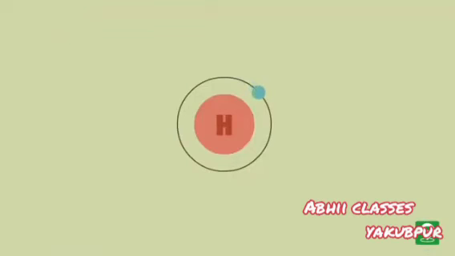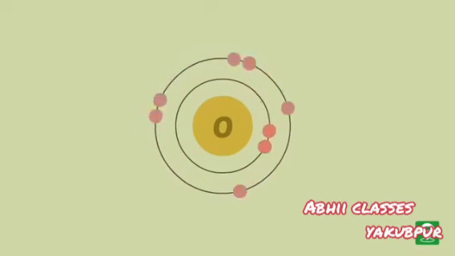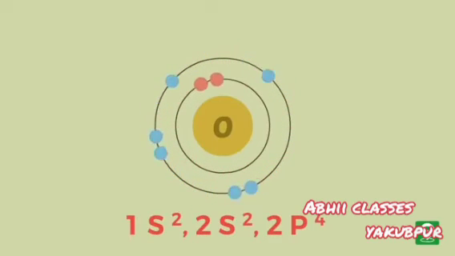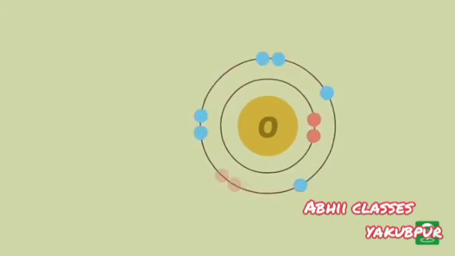Hydrogen's electronic configuration is 1s1 and it has 1 electron in its outermost orbit. Hydrogen requires an additional electron to attain the stable configuration of helium gas. Electronic configuration of an oxygen atom is 1s2, 2s2, 2p4 with 6 electrons in its outermost shell, and it requires 2 additional electrons to attain stable electronic configuration.